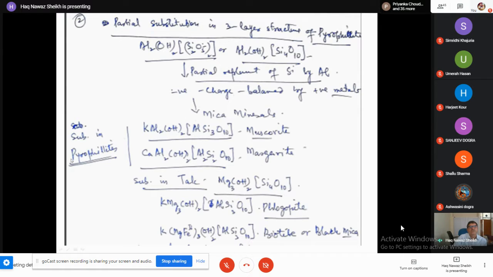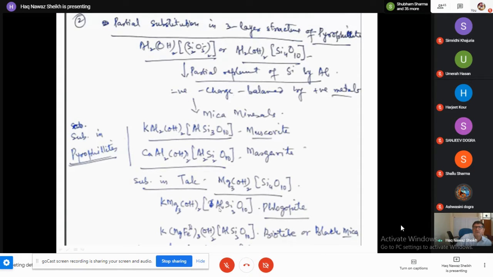So this is substitution in pyrophyllite, which are three-layer structures involving aluminum hydroxide in between, and on either side we have silicate layers. Then the next is substitution in talc. Talc is again a three-layer structure, which involves magnesium hydroxide instead of aluminum hydroxide. So the formula of the talc is magnesium 3, OH2 and Si4O10.